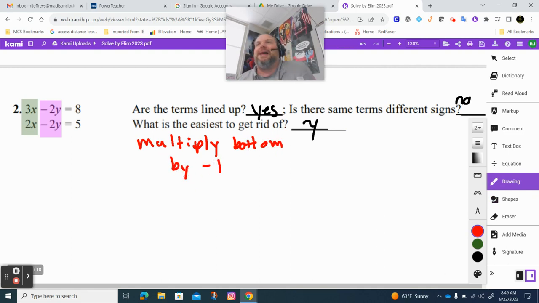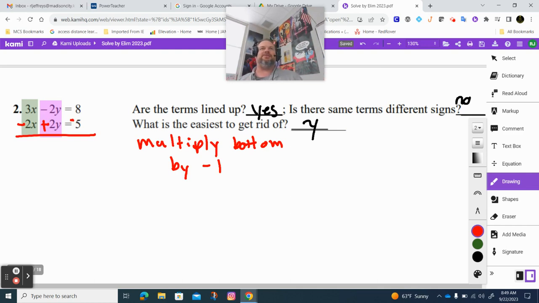Remember, when you multiply something by -1, it changes the sign, right? So if I multiply 2x by -1, I get a -2x. If I multiply a -2y by -1, I get a positive. Aha. And then same thing over here. So I multiplied it without us having to write it down.